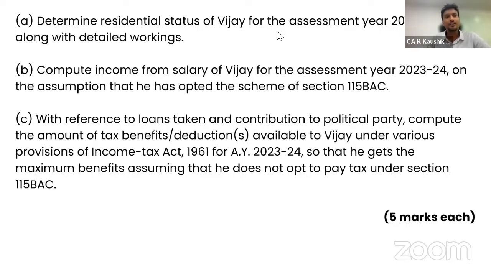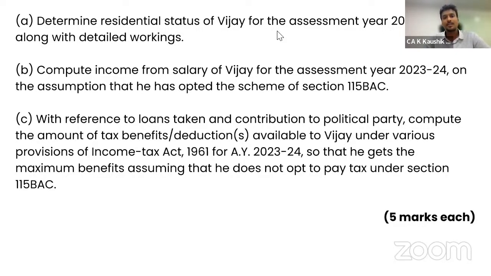It says with reference to loans taken and contribution to political party, compute the amount of tax benefits or deductions available to Mr. Vijay under various provisions of the Income Tax Act for assessment year 23-24, so that he gets the maximum benefits, assuming that he does not opt to pay tax under section 115BAC.